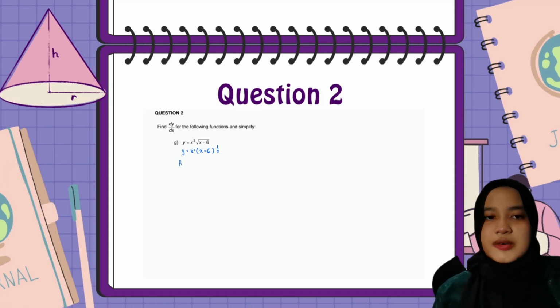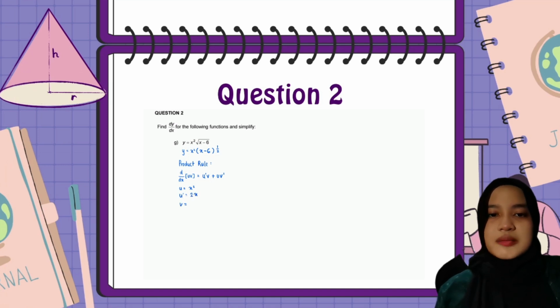This means we must apply the product rule that Izazi just explained, which is d over dx of uv equals u prime v plus u v prime. Let us declare our parts clearly. Our first term is u equals x squared. Differentiating this gives us u prime equals 2x. Our second term is v equals (x minus 6) to the power of 1 over 2.